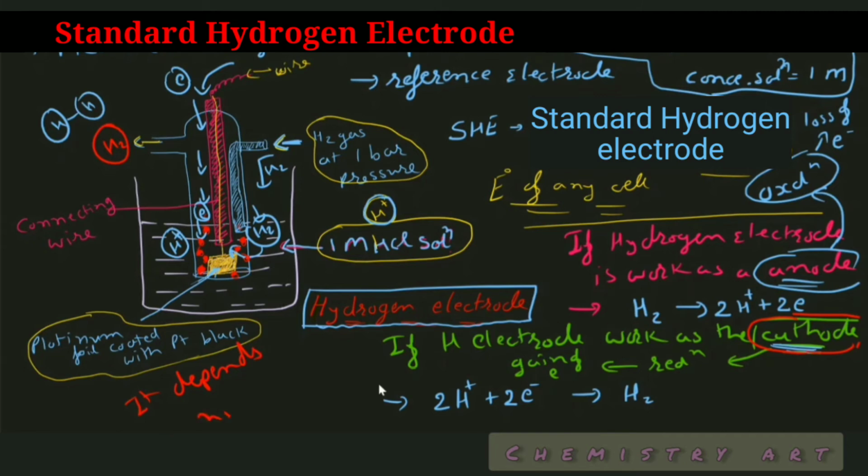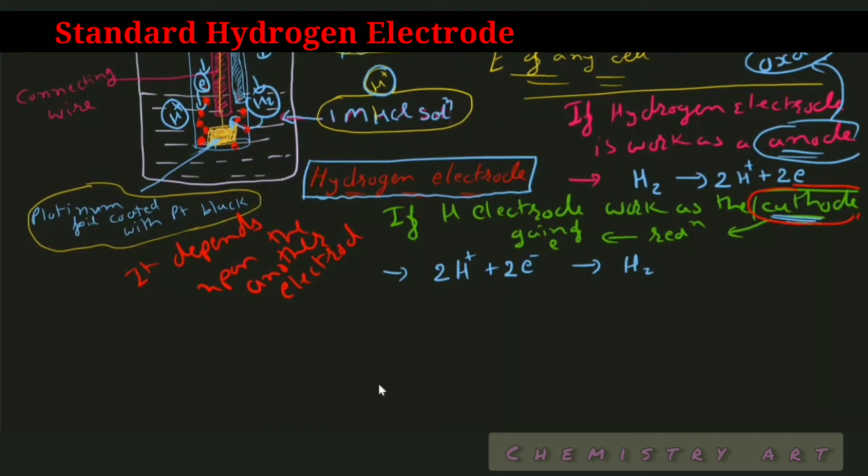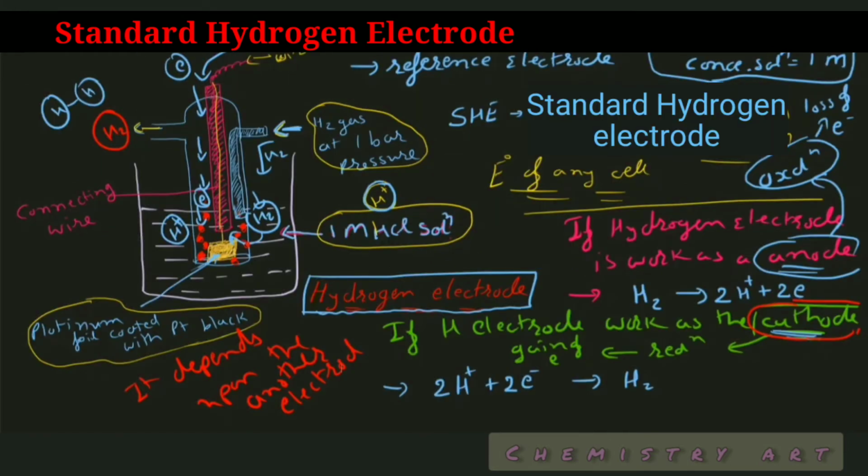In terms of electron gaining capacity, if the other electrode is more electronegative, meaning it has more capacity to gain electrons than hydrogen, then hydrogen has to lose electrons, and if hydrogen is losing electrons, it is working as the anode. If the other electrode does not have the tendency to gain electrons and has a tendency to lose them, then hydrogen will gain electrons and work as a cathode.